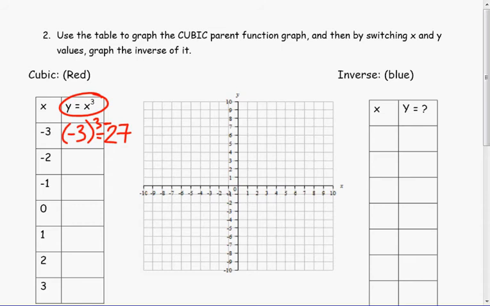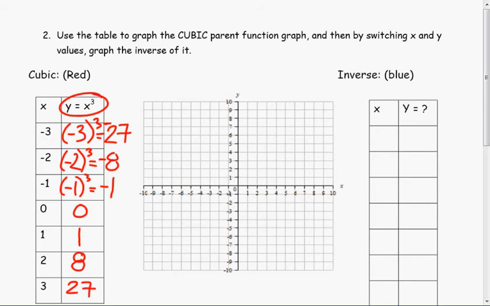Because 3 as an odd power makes sure that the negative input results in a negative output. Same thing with negative 2. When we cube it, we're going to get negative 8. Negative 1 cubed is going to equal negative 1. 0 cubed is 0. 1 cubed is 1. 2 cubed is 8. And 3 cubed is 27.